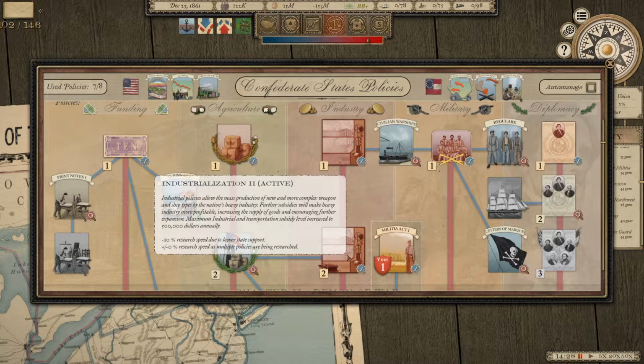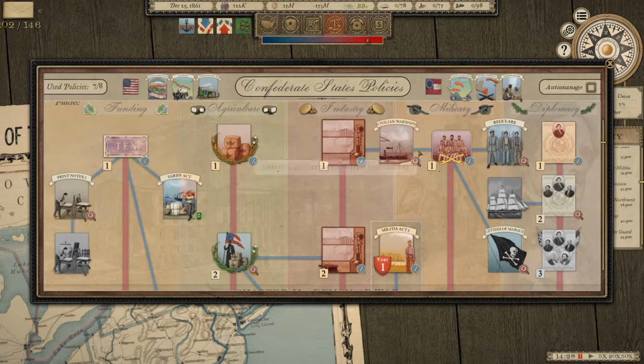And I would say that by Industry 2, when that is researched, yeah, it lets you give $500,000 a year in subsidies to industry, which is fine by me. And that is kind of the point where most of the good weapons your side is going to be able to get is probably done by Industry 2, at least at the current stage of the game.